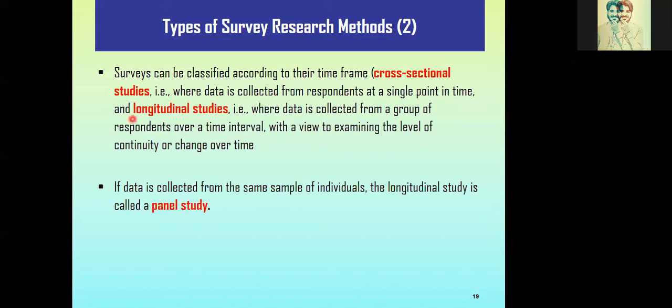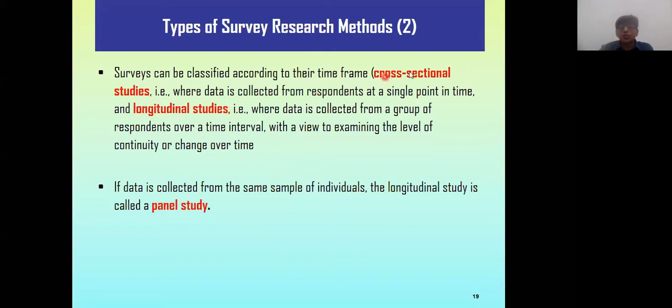On the other side, another type is the longitudinal study. In this, data is collected from a group of respondents over a time interval. So in a longitudinal study, you collect the data from the same respondents from time to time. If the total duration of your research is 3 years, in those 3 years you may be required to collect the data several times from the same respondents. That is called a longitudinal study.